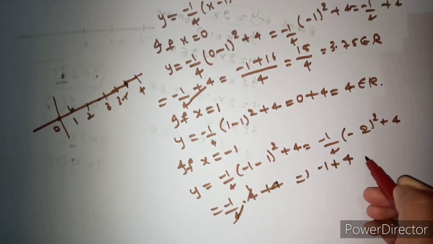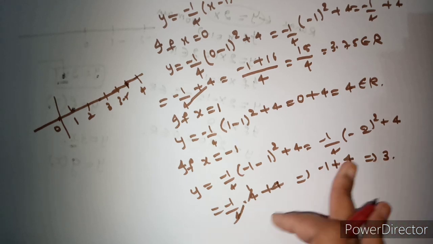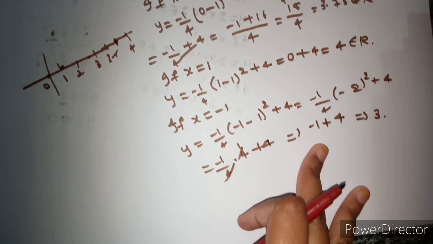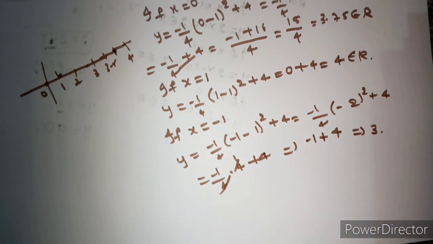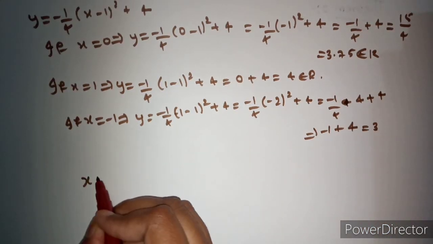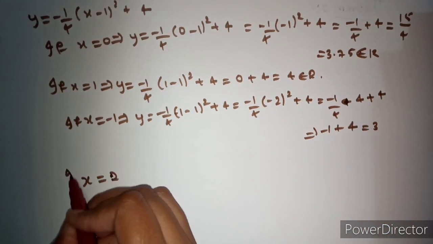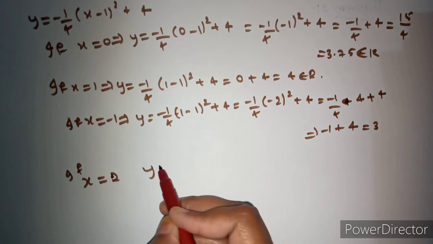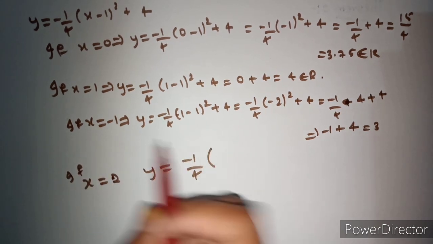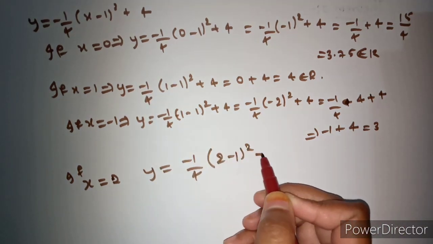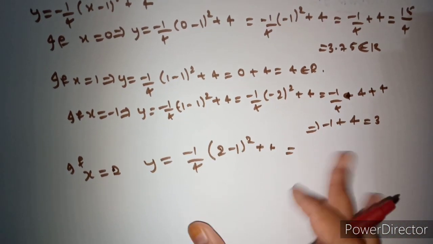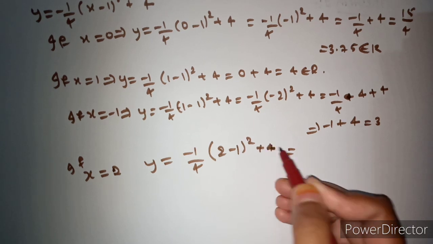Minus 1 plus 4 is 3. You have got 3, right? Now I am taking x as 2. If x is equal to 2, y is equal to minus 1 by 4 into, in place of x, put 2, 2 minus 1 whole square plus 4. So 2 minus 1 is 1.